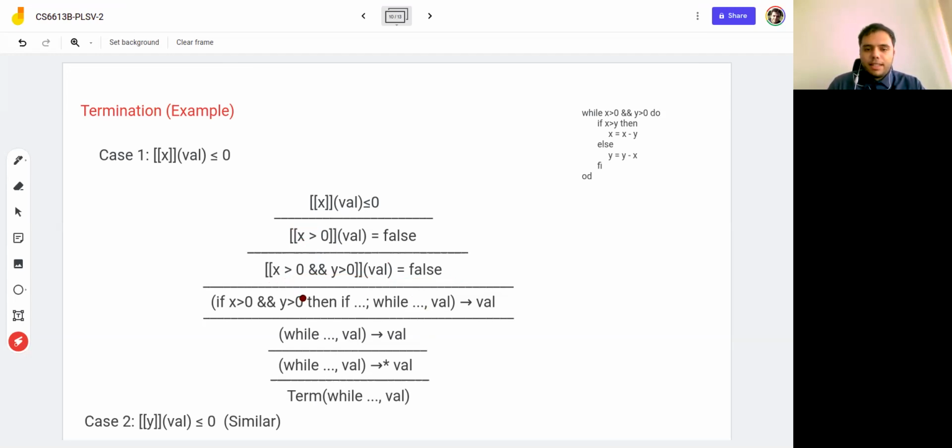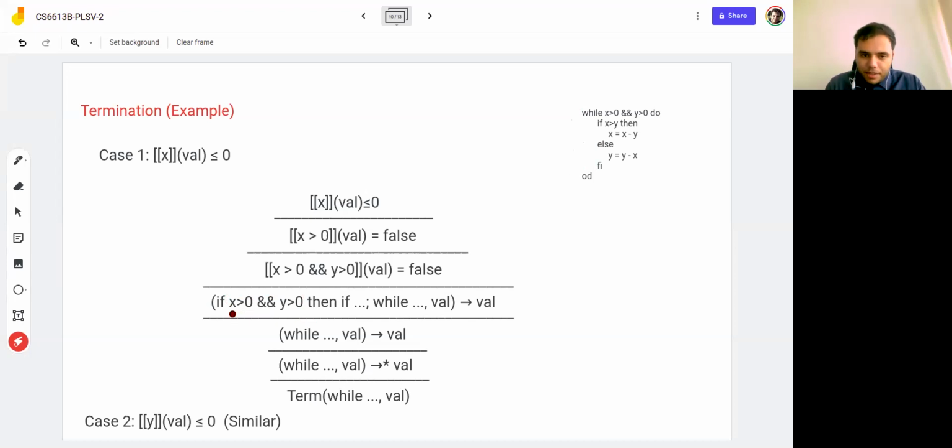Then what I'm saying is that intuitively, because this condition here is false, if I have a program of this form, if x is greater than 0 and y is also greater than 0, then the if and while, when I put 3 dots, I mean the if and while in the original program. So this is the while that I'm talking about, and this is the if. Whenever I'm talking about another if, I will actually write down that if.